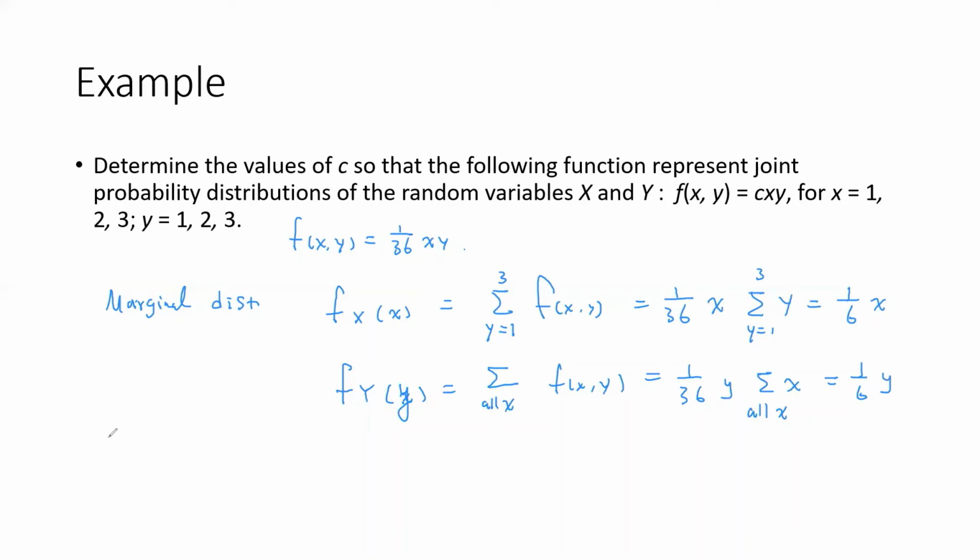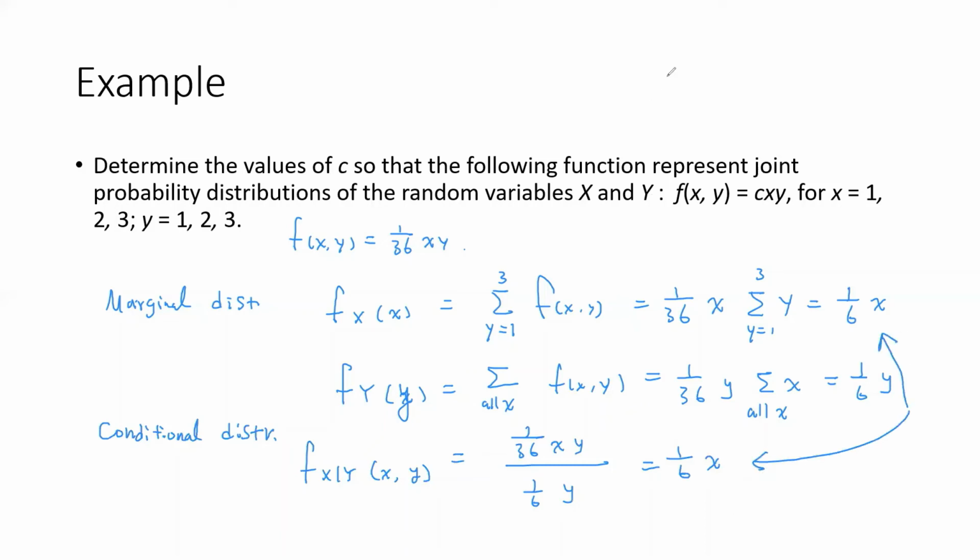And for the conditional distribution, there are two of them. f of x given y, that would be the joint, 1 out of 36 times xy, over the marginal of y, so 1 over 6y. That would be 1 over 6x. They are the same.